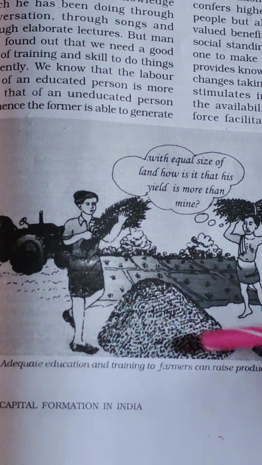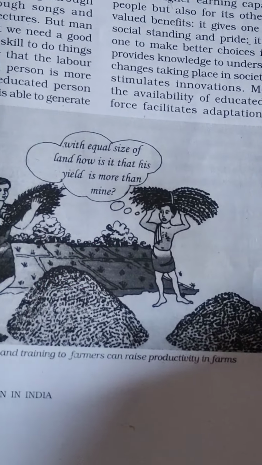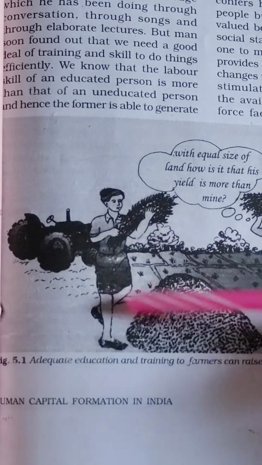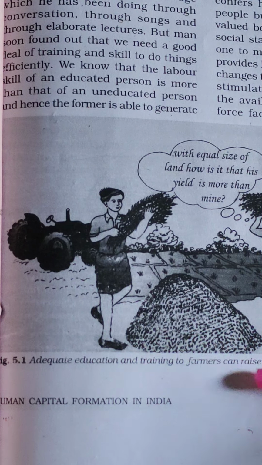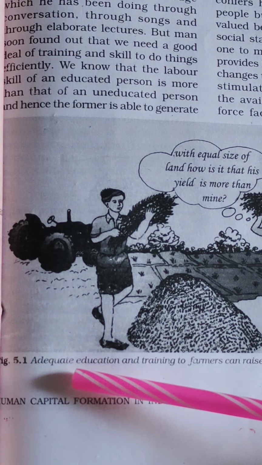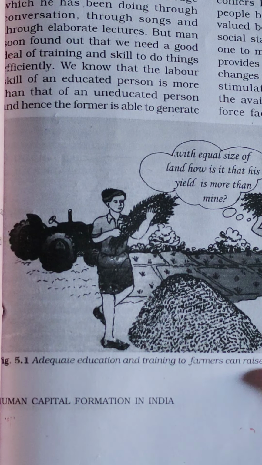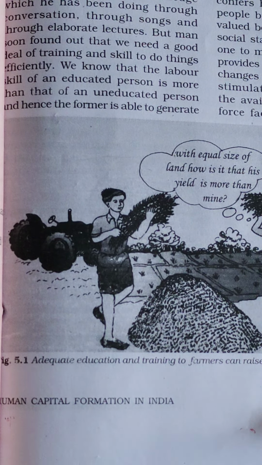So look at his yield, it is much more than his. And in the background you can see a tractor there, and the caption written here is, adequate education and training to farmers can raise production in farms.